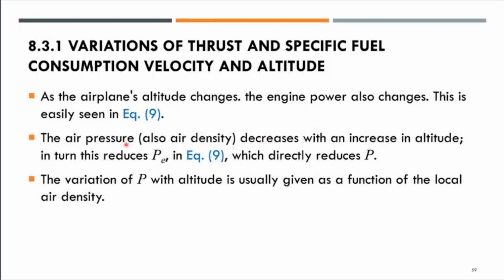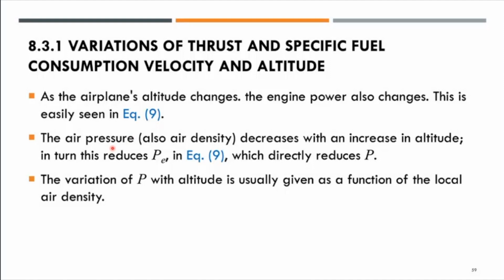So as the airplane's altitude changes, what happens when the airplane at sea level moves to 10,000 feet, 20,000 feet, 30,000 feet? The engine power will also change. This is easily seen in equation 9, because of the factor of altitude.